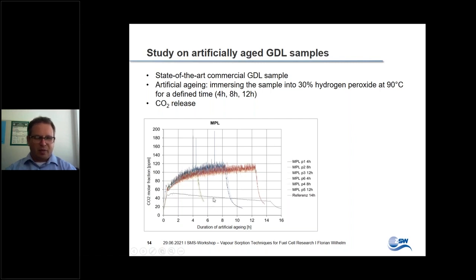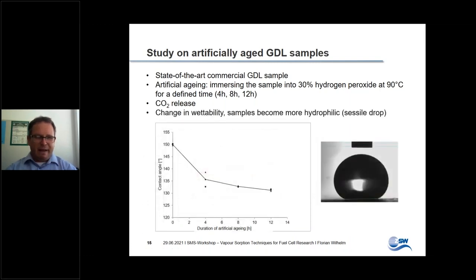And of course, we measured as a reference what the sensor is doing if we do the same measurement just with an empty sample holder. So that was our measurement of CO2 for this experiment.